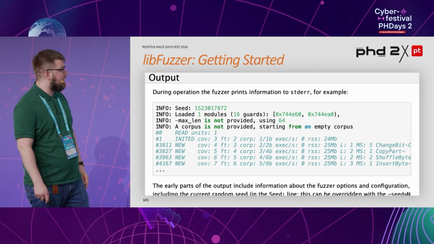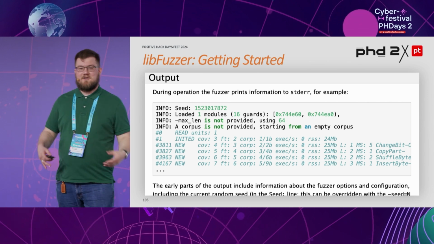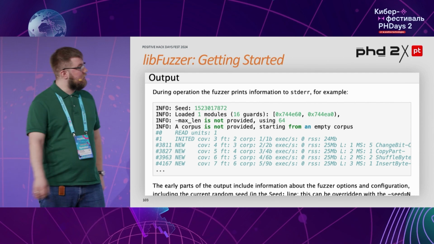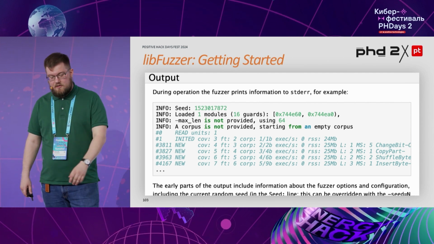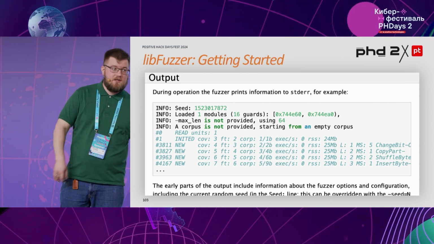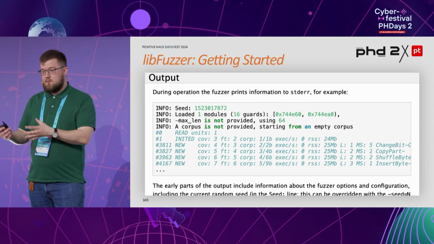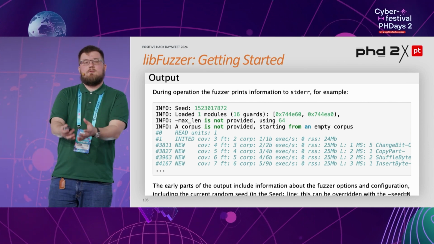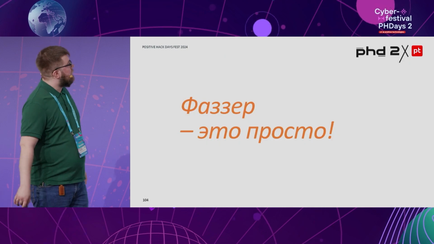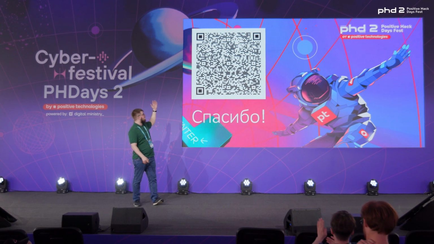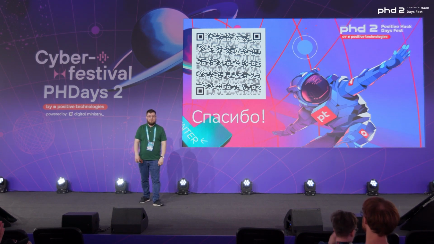There are other smart words, but if you're an expert on LLVM, try to use this fuzzer. If you are not, use your own fuzzer to better understand what input data you need and what output data you might get. So I really hope that I managed to convince you that a fuzzer is an easy and simple thing.